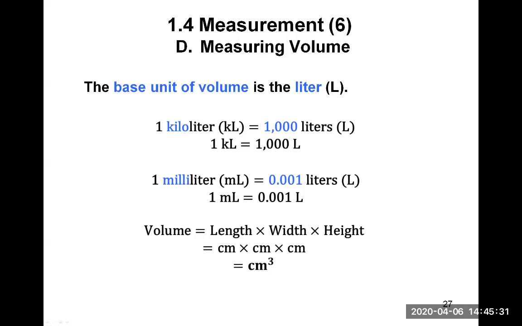And so one equality that is very important and useful in the metric system is that the milliliter is equal to 1 cubic centimeter. So if you imagine 1 centimeter by 1 centimeter by 1 centimeter, that small volume of a cubic centimeter is equal to a milliliter.